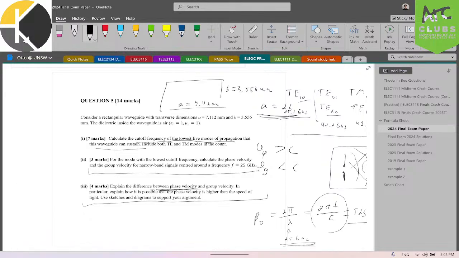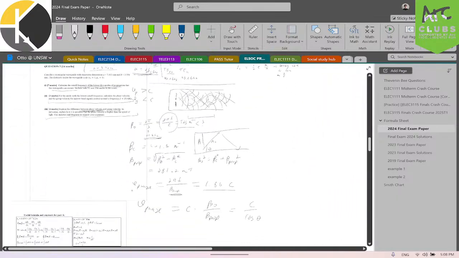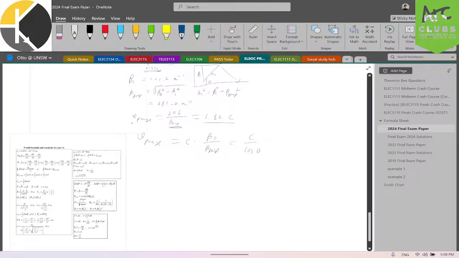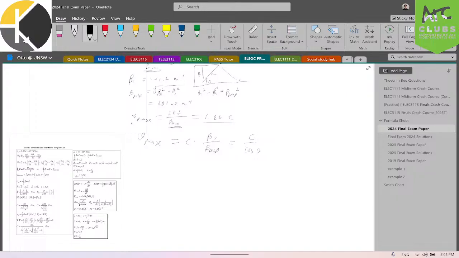We need to find group velocity, which is always smaller than the speed of light. Group velocity is the velocity that a signal would travel. Imagine that rather than a steady-state flat wave, you send some kind of modulated signal. For example, you do amplitude modulation and send a pulse down the waveguide.